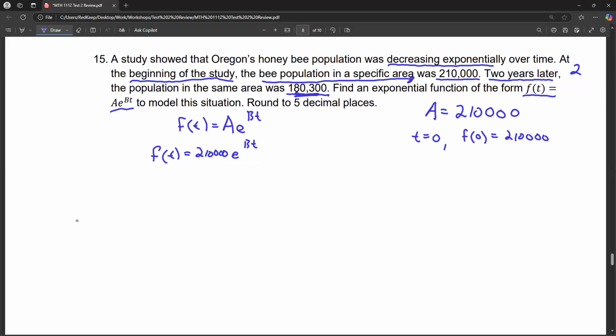So I'm going to plug in 2 into my equation wherever there's a t, and the output, the number of bees, is equal to 180,300.